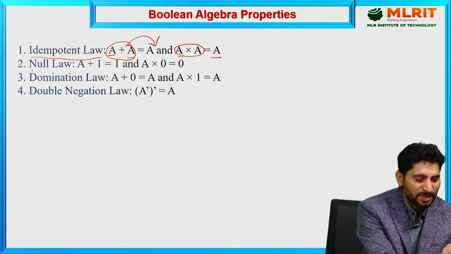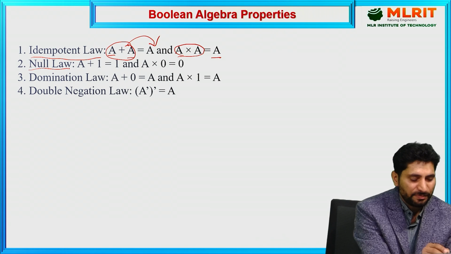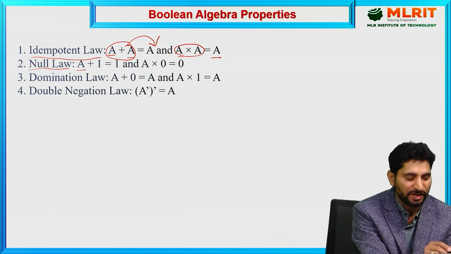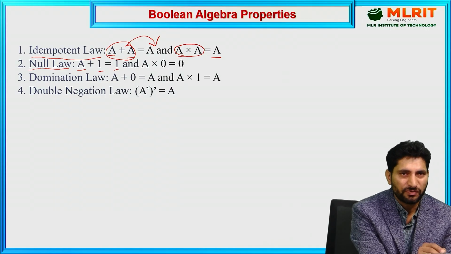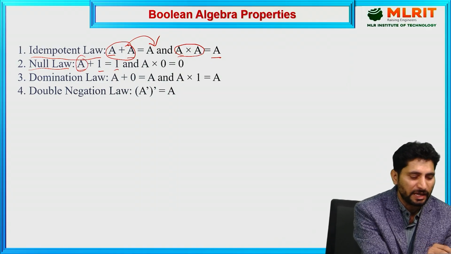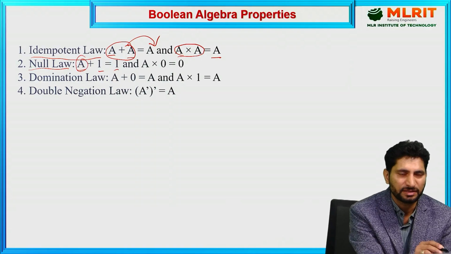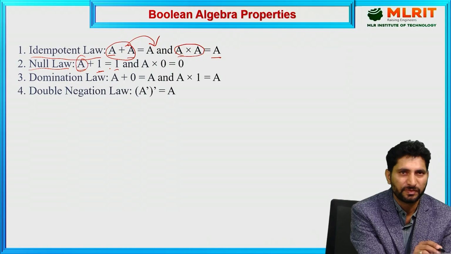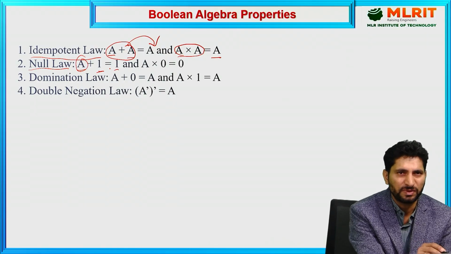As per the null law, if we take variable A and add 1, the answer is 1. So if we add 1 to any variable, A or B or C, whatever it is, we'll get 1 only. Not only variables, it is true for any expression also.